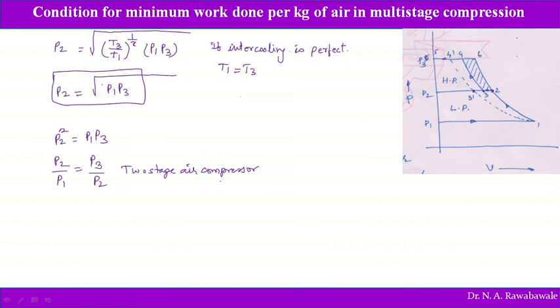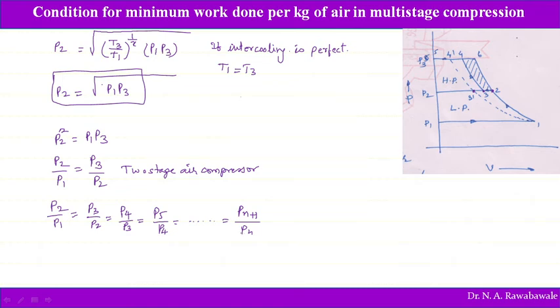Now if we have multiple stages, then this equation can be written as P2 divided by P1 is equal to P3 divided by P2 is equal to P4 divided by P3 is equal to P5 divided by P4 is equal to so on. We can write is equal to Pn plus 1 divided by Pn.